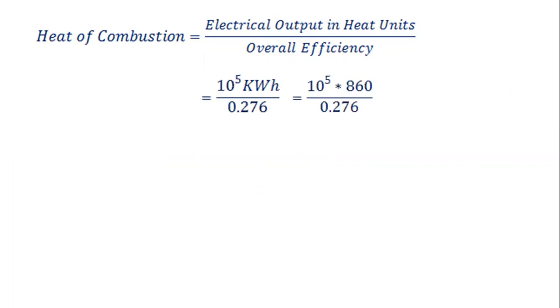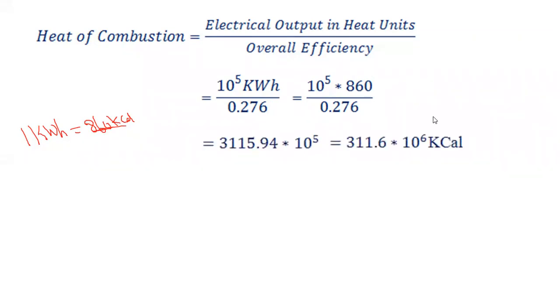What is the value of 1 kWh? 1 kWh is 860 kilocalorie. Substituting the values, 10 to the power of 5 into 860 by 0.276, and simplifying, we get 3115.94 into 10 to the power of 5, or else we can write 311.6 into 10 to the power of 6 kilocalorie.